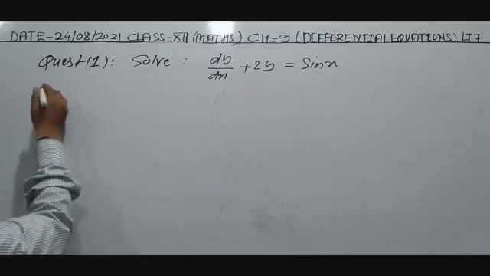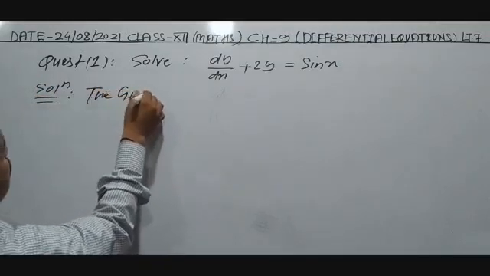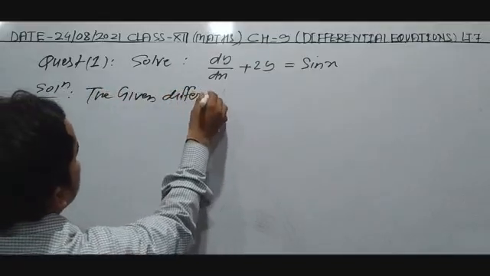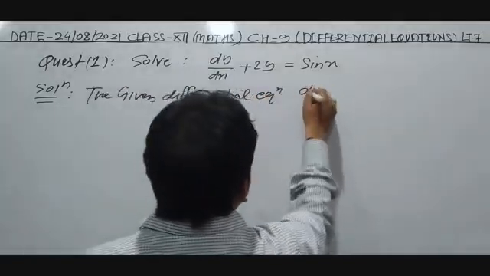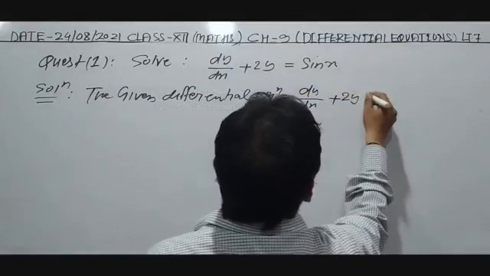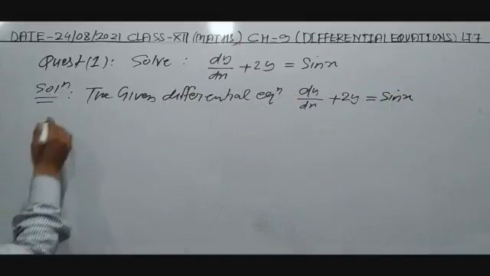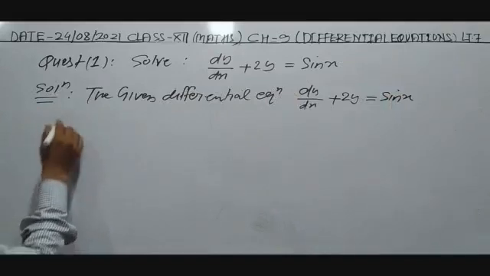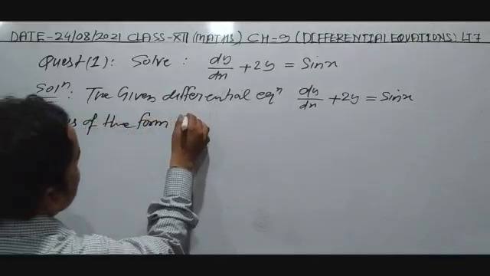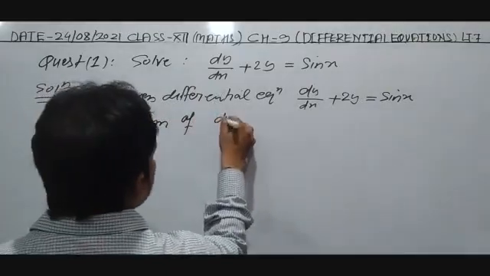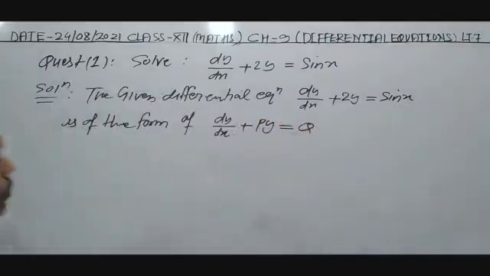Solution: the given differential equation dy by dx plus 2y is equal to sin x is of the form dy by dx plus py is equal to q.